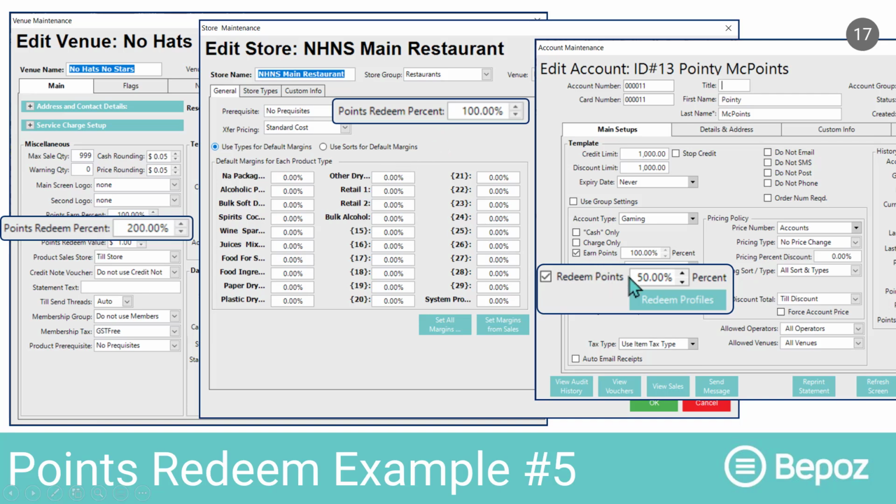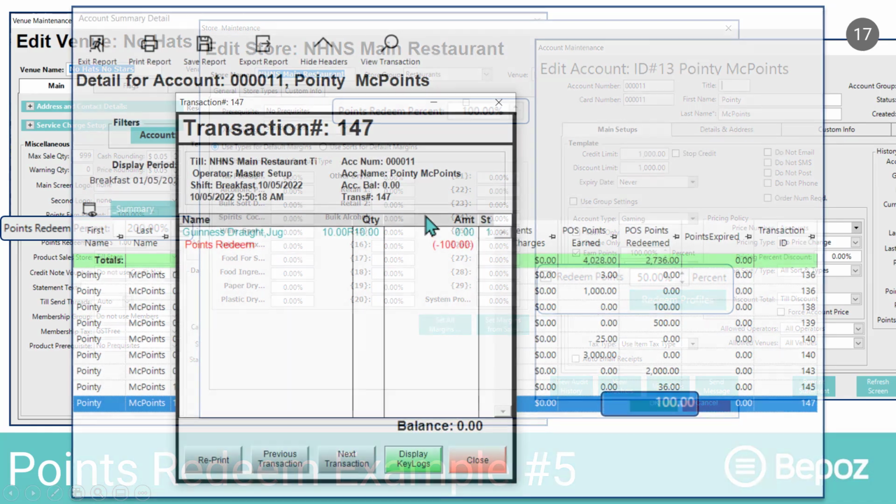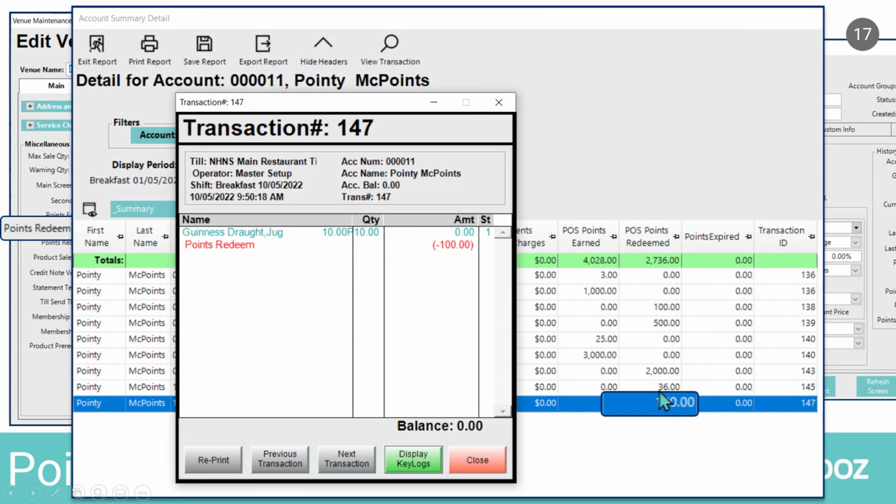But 50% of 200 is going to be 100, and then factoring in the store redeem percentage of 100%, we are still going to be at 100 points needed to redeem for Pointy's $100 of Guinness in this example.